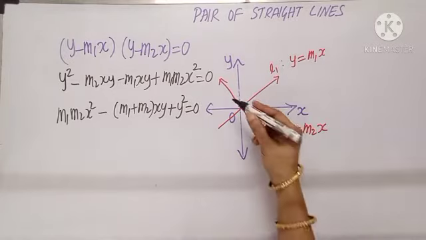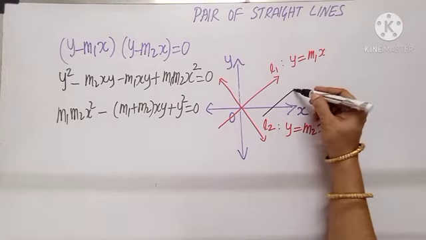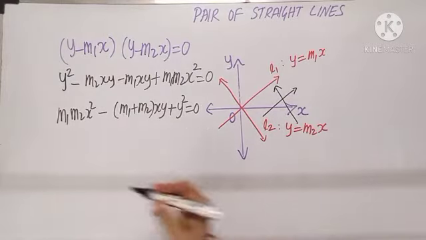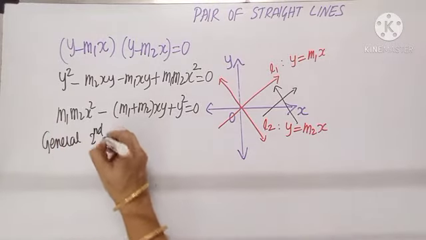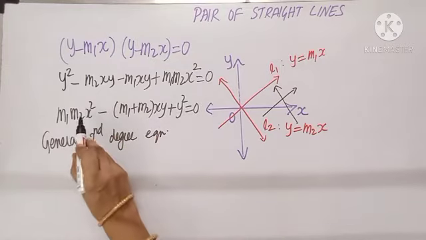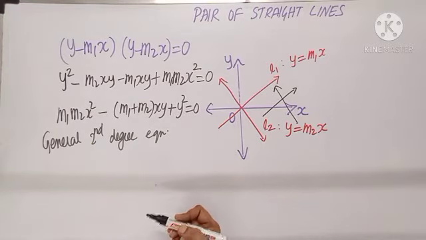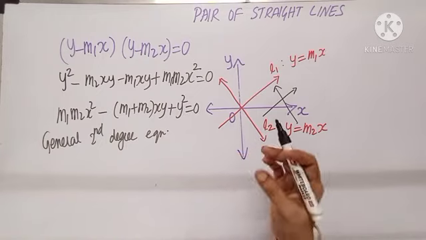Suppose the two lines are not through the origin. They are anywhere like this. In that case, I will write the general second degree equation. What is the general second degree equation? Here I have x square, xy and y square alone. Now I will introduce x term, y term, constant term.